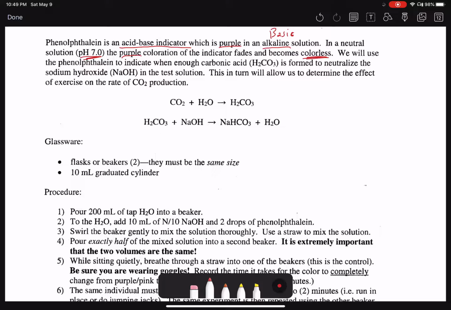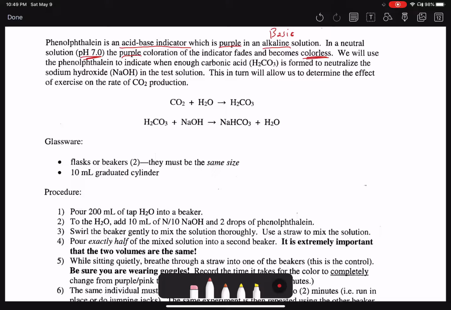But we're not making solutions with acidic pH. We're just going to make a solution with a neutral pH. So this is what people really struggle with. We're using the phenolphthalein indicator dye so that we're able to determine whether the solution is neutral.